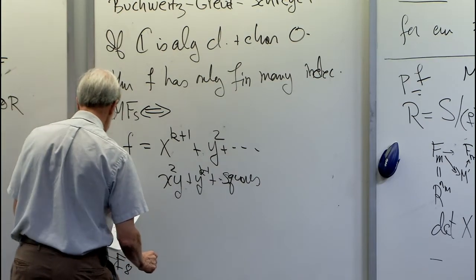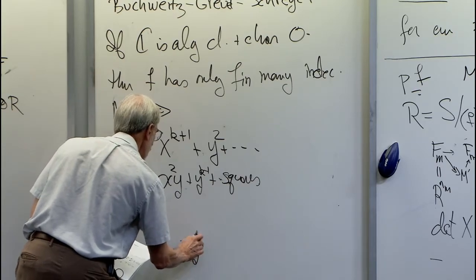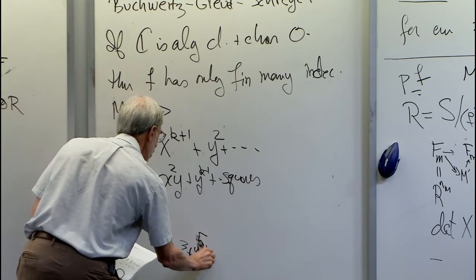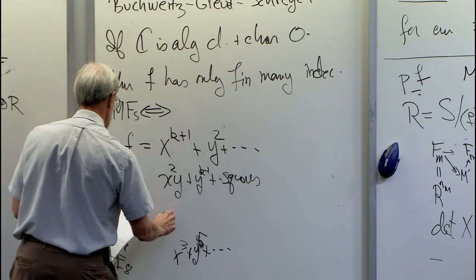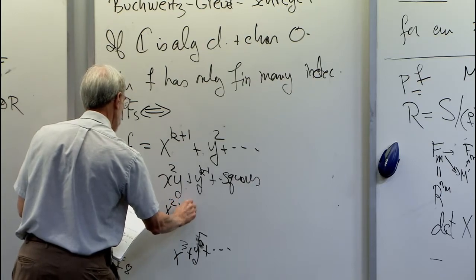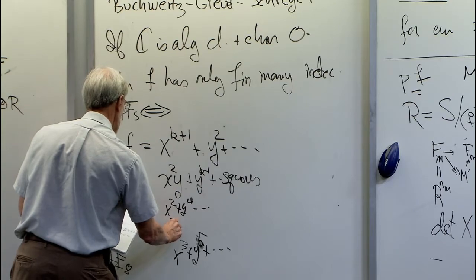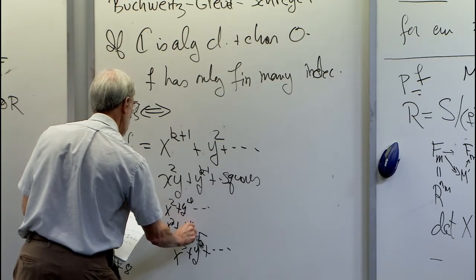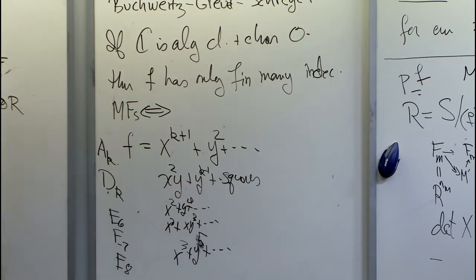For instance, E8 is x cubed plus y fifth plus squares. These are the well-known things: x cubed plus y fourth plus squares, and x cubed plus xy cubed plus squares. So those are the whole list. There are 2 infinite families and 3 exceptional cases, and that's the end of the story for finite matrix factorization.